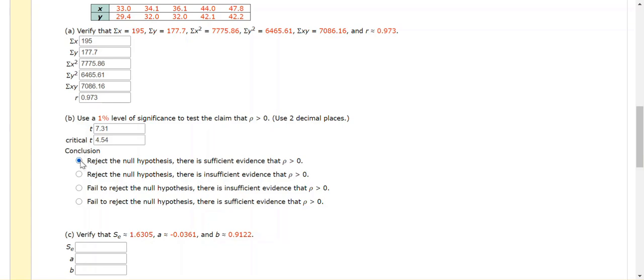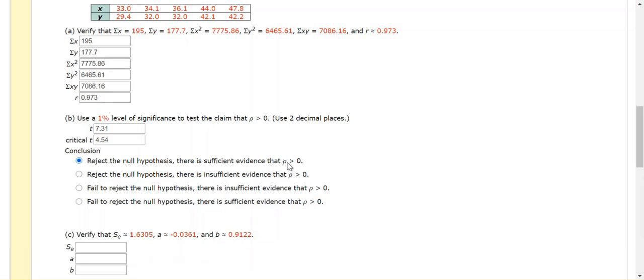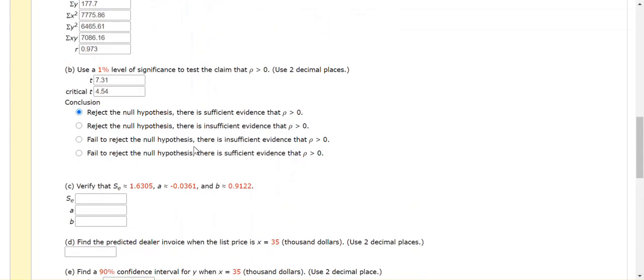Remember what that means: I am rejecting the null hypothesis in favor of the alternative hypothesis that this value is bigger than 0. That's my conclusion. This critical t would be used for what they call the critical value region method, and I will let you read about that in your book.